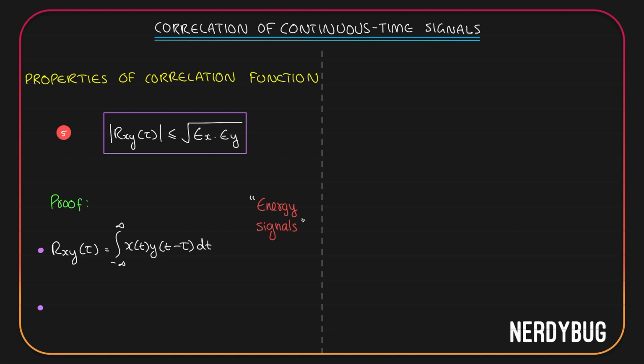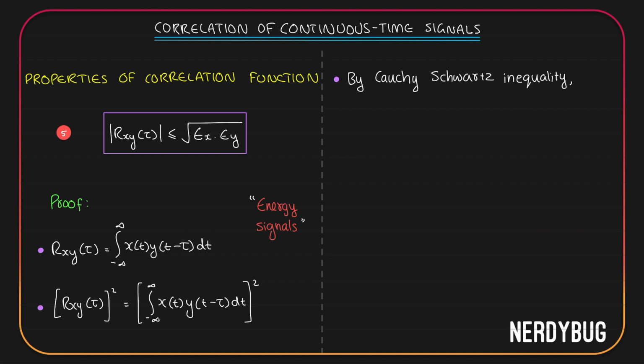If I square both sides of this equation, I will get the square of Rxy of tau equal to the square of the integral from minus infinity to infinity x of t y of t minus tau dt.